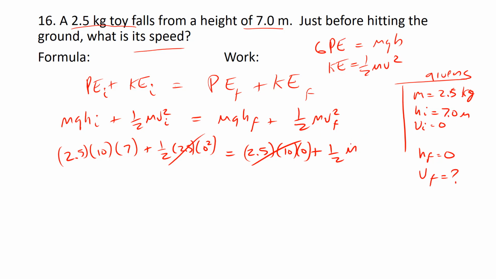Well, m was the 2.5, and we are trying to solve for VF squared. So let's plug everything in. 2.5 times the 10 times the 7 equals 175, and then 0.5 times 2.5 equals 1.25, and that's going to be VF squared.